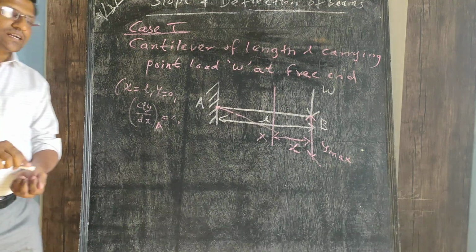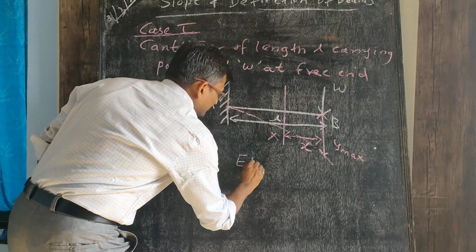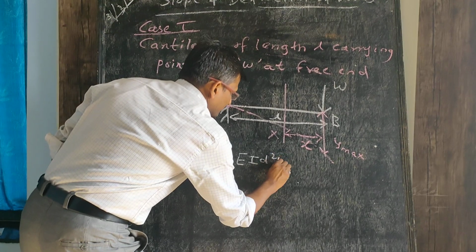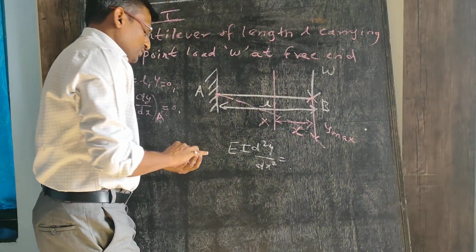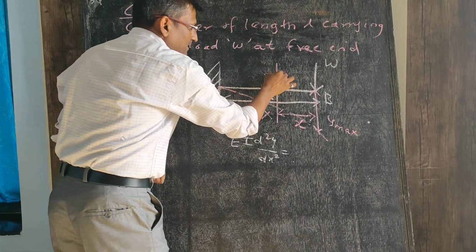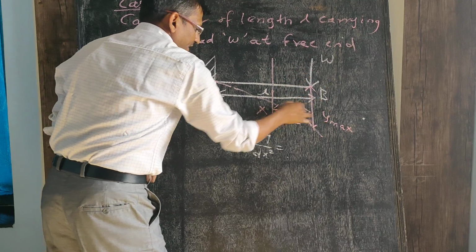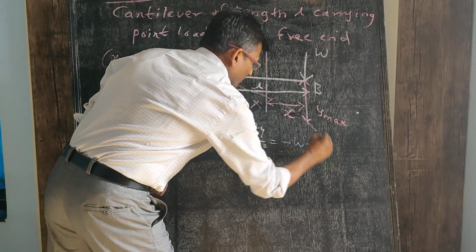So let us now first write the equation for bending moment. We know EI d square y by dx square is equal to the total bending moment at the section X. So total bending moment at the section X is W into x. It is minus W into x because of the downward moment.